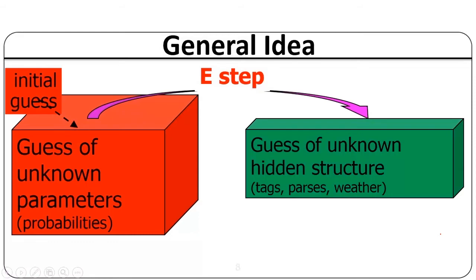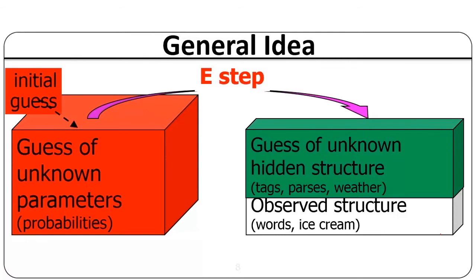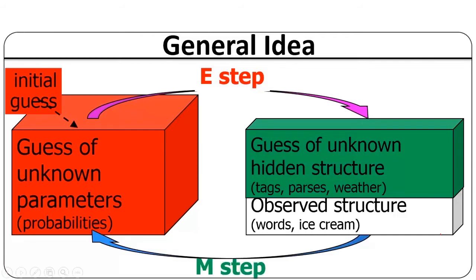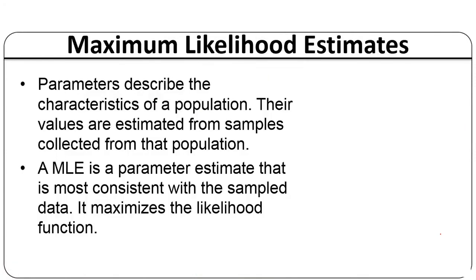Based on different applications, when we talk about words or ice cream, from the observed structures we find out the hidden structure, whether it could be the tags for the word, the different parses, or the weather. Based on ice cream, the season could be summer. Based on the observed structure, we guess some hidden structures, and then proceed with the next step, which is the M step. Through the M step, we again calculate the values and proceed.